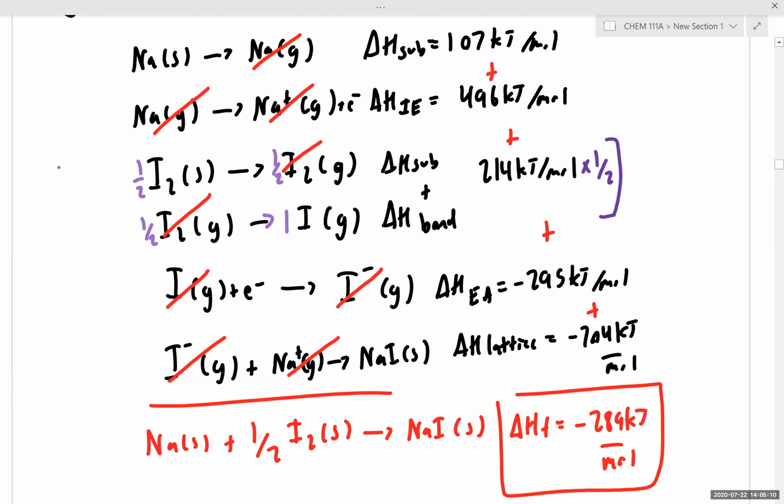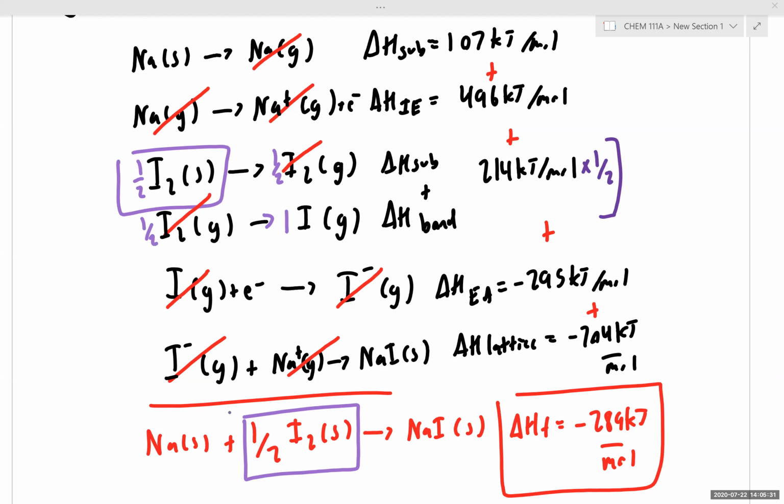Yep, so the 1/2 would be applied throughout. That's how we end up with this 1/2 iodine in our final equation. Did that answer your question? Yeah, I got it. Thank you. Okay, perfect.